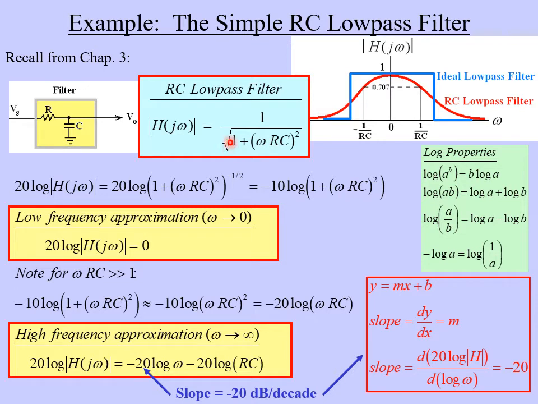So this square root, remember, is the power of 1/2. And since this power of 1/2 is in the denominator, it's a power of -1/2 if we think of it on top. So we can rewrite this function on the right side as 1 plus (omega RC) quantity squared, all to the power of -1/2.